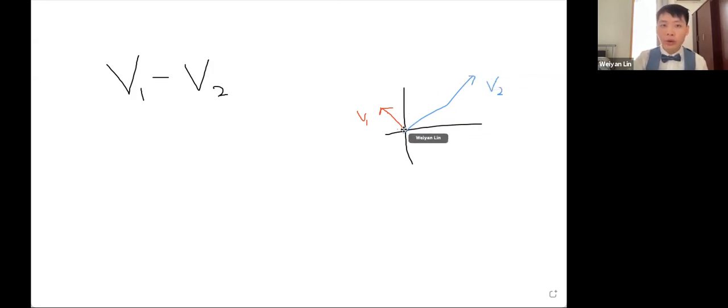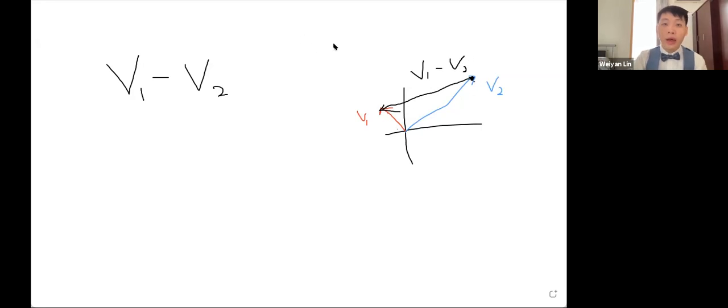And now you go along the vector V1, so you end up at the end of the vector V1. So the vector you are looking for is the vector joining these two points. You start from here and end here, so the direction is going this way. Okay, so this is V1 minus V2.